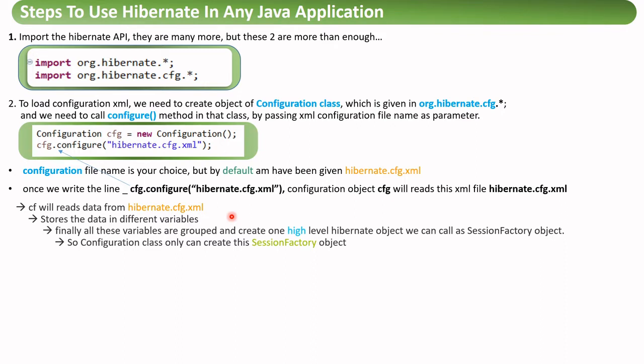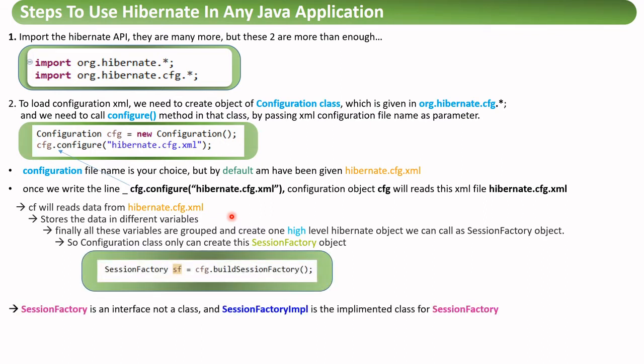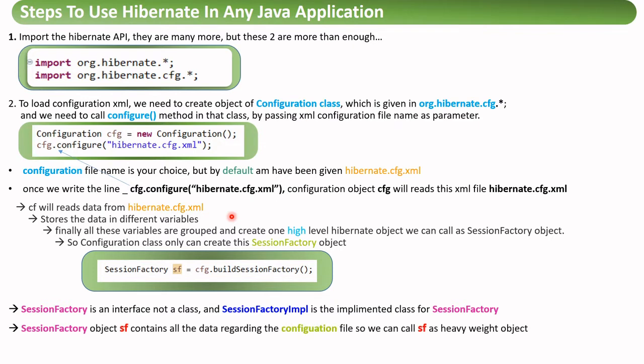Finally, all these variables are grouped and create one high level Hibernate object, which we call the SessionFactory object. Only the Configuration class can create this SessionFactory object, and SessionFactory is an interface, not a class. SessionFactoryImpl is the implementation class of SessionFactory.